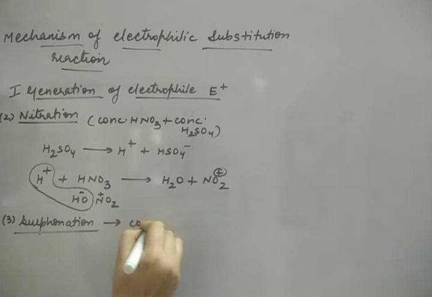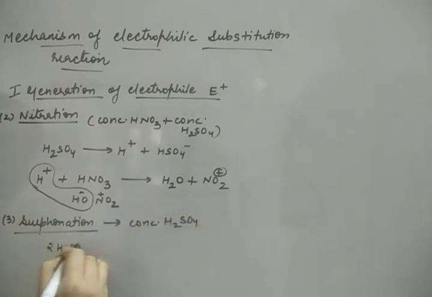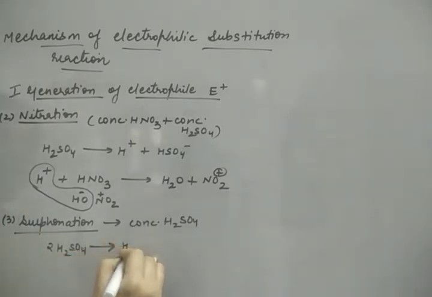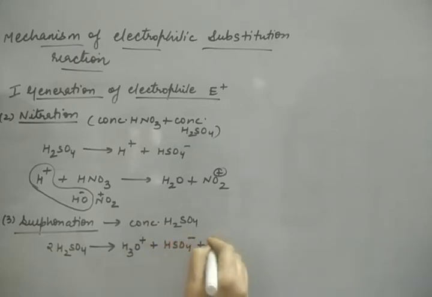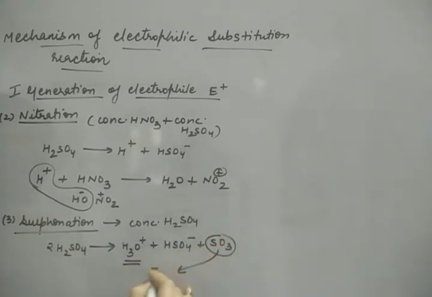Likewise, in sulfonation also, we can see how the electrophile is generated. Sulfonation occurs in the presence of concentrated sulfuric acid. So two molecules of sulfuric acid will take part here, and they will dissociate into H3O plus, HSO4 minus plus SO3. Here the electrophile is not H3O plus. Here your electrophile is SO3. So this is acting as electrophile. Now why is it acting as electrophile?